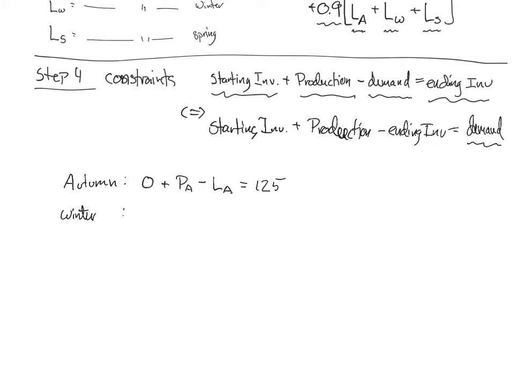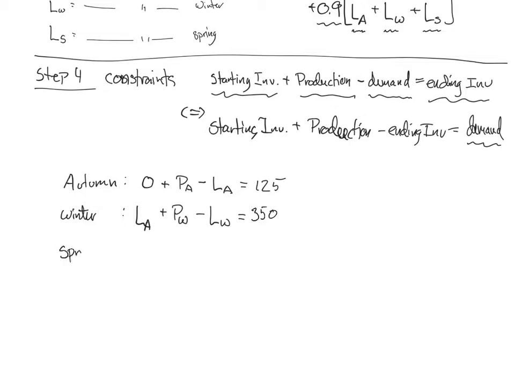Okay, then we have the winter. The starting inventory of the winter is the ending inventory in the previous period. So this means that the starting inventory here, that's the ultimo inventory level in the autumn. So that's the starting inventory plus the production in the winter minus the ending inventory in the winter. That has to equal the forecasted demand of 350.